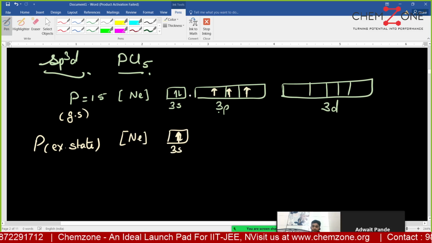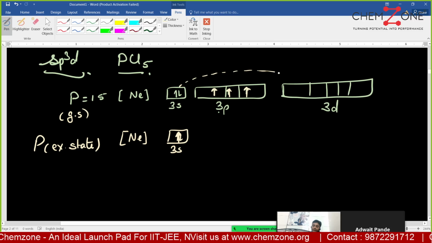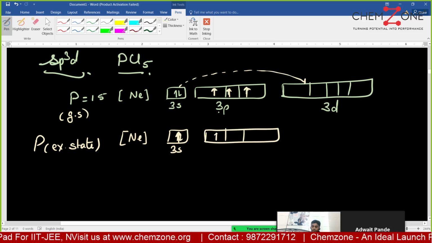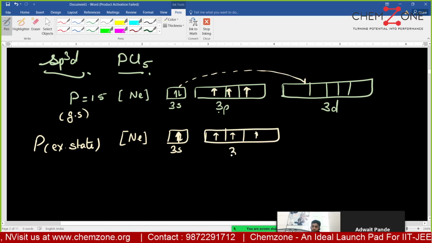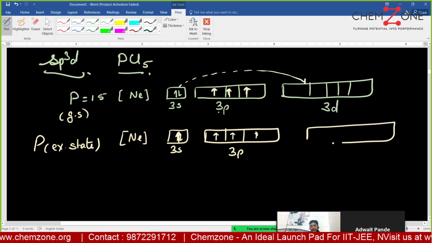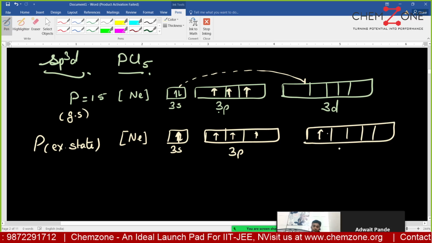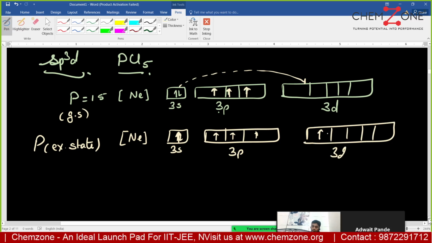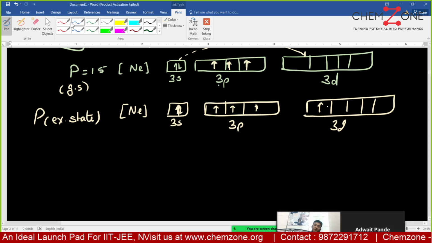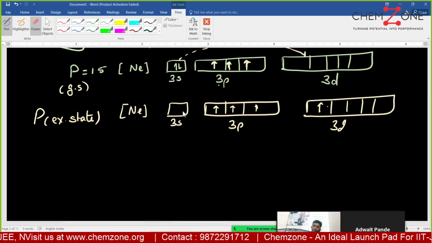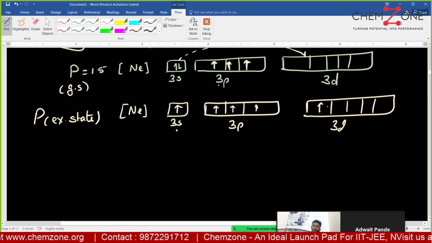So one electron gets excited from 3s to the 3d. Can you see that now we have 5 unpaired electrons? These orbitals have different energy and different shape. But after intermixing, that I will now show you, they will have same shape and same energy.